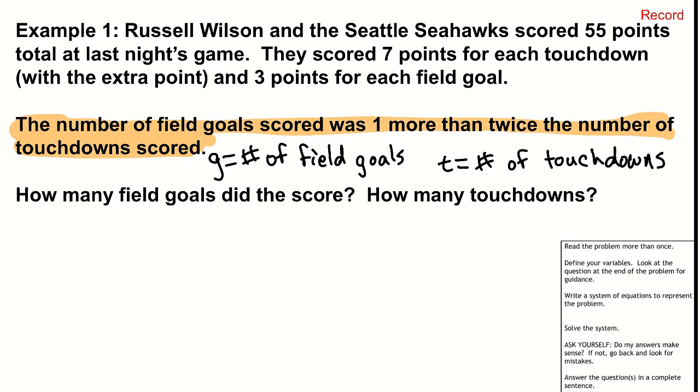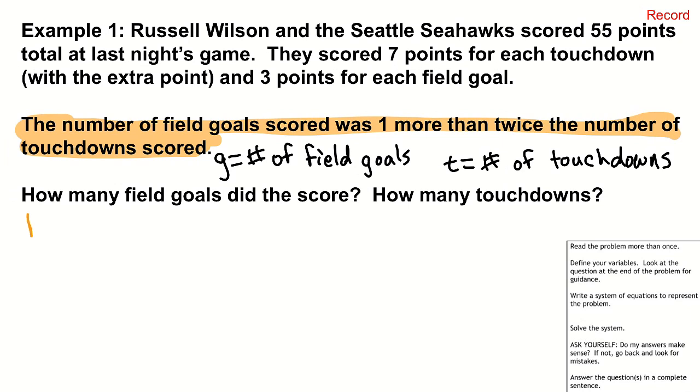The number of field goals equals one more than twice the number of touchdowns. One more than, that says +1. So I'm going to add 1 to something. And I'm adding it to twice the number of touchdowns. So that's 2t. Any questions on that one?